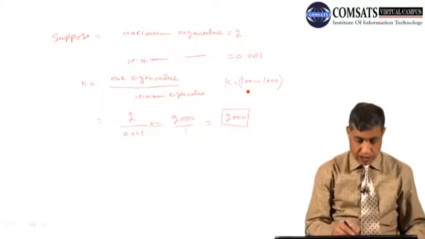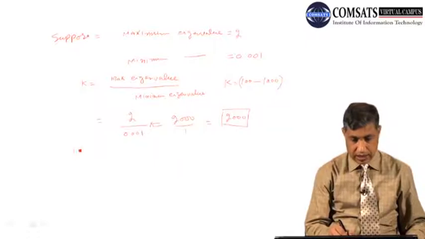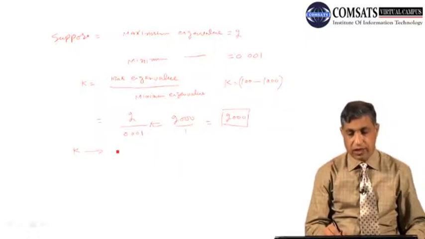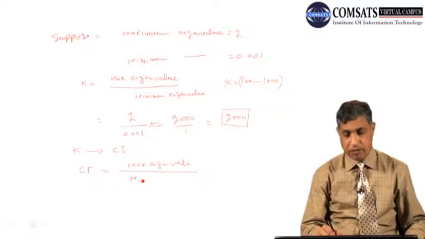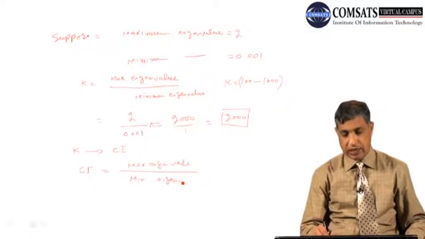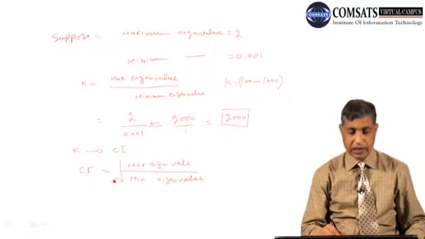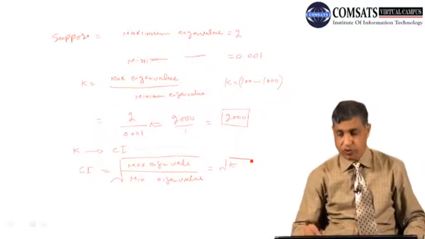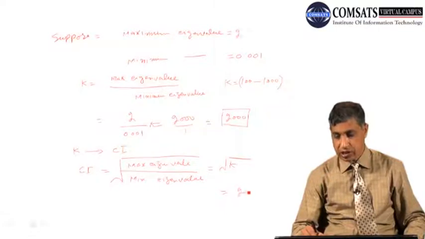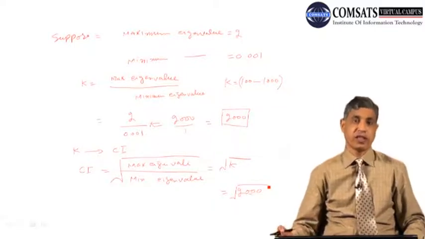Now if I go from K to the conditional index, the conditional index formula is the maximum eigenvalue divided by the minimum eigenvalue, under a square root, and it is simply the square root of K. So I am just interested to see the square root of this one.